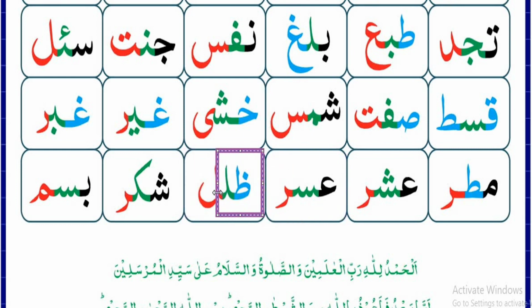Za, lam, lam. Sheen, kaf, ra. Ba, sin, mim.